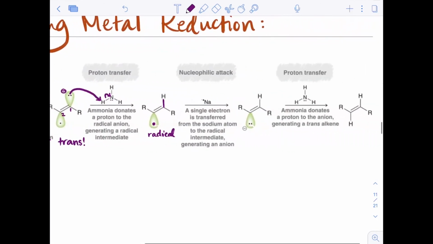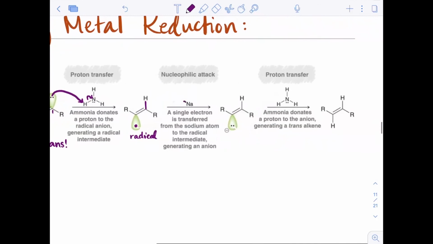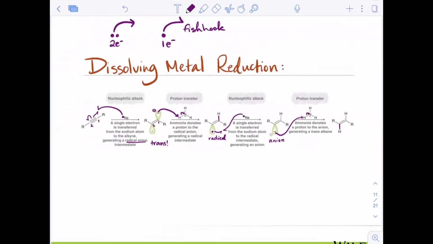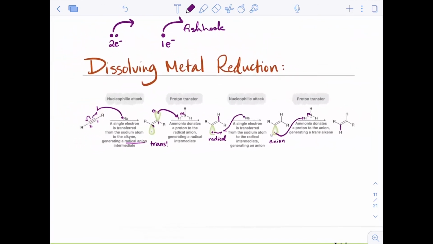We'll repeat this process again. Sodium metal will come and add itself with that one lone electron to become an anion. That anion then will do a proton transfer to pick up the second proton, right? So the trans addition happens right in that very first step, and we see a merging of both fishhook and double-headed arrows here.